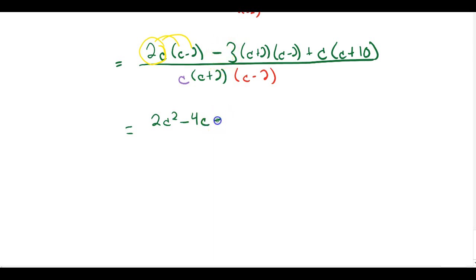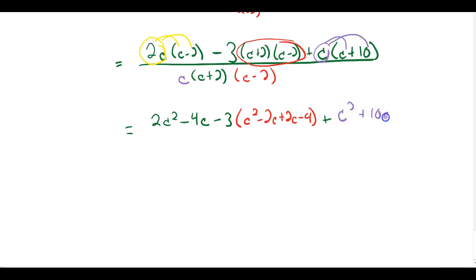This one I'm going to leave the minus 3 for now. And I'm going to multiply these two, giving me a c squared minus 2c plus 2c minus 4, plus, and I'm going to distribute the c in here, so that's going to be c squared plus 10c. I still have my same denominator, c times c plus 2 times c minus 2.